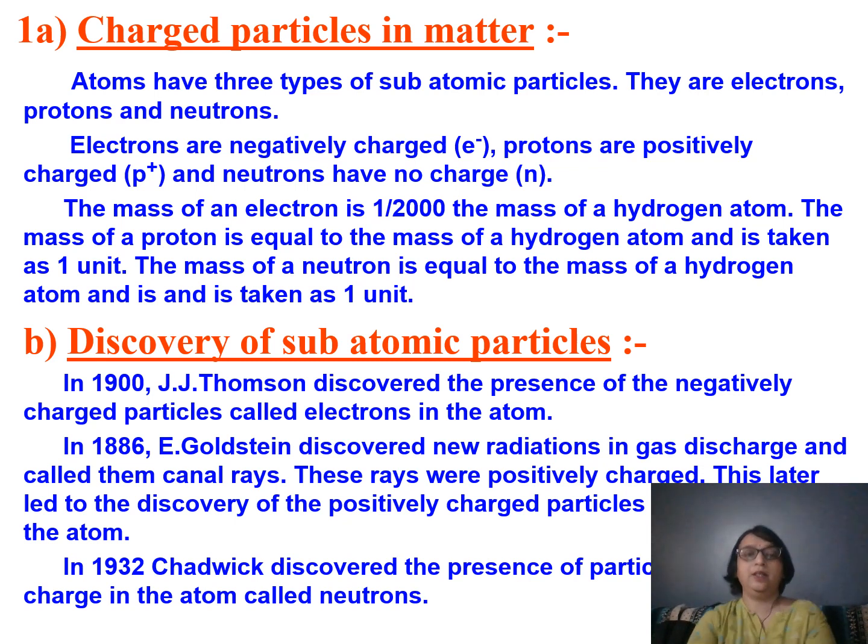In 1900, J.J. Thomson discovered the presence of negatively charged particles, which are known as electrons in the atom. Already in 1888, E. Goldstein had discovered new radiations in gas discharge, known as canal rays, and these were protons.